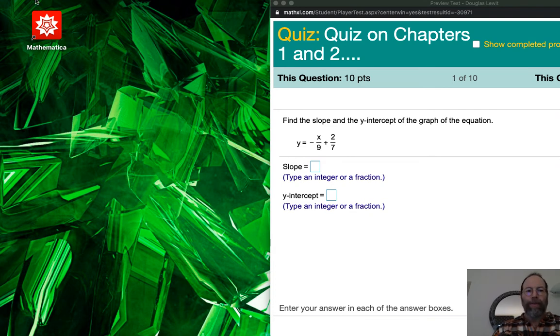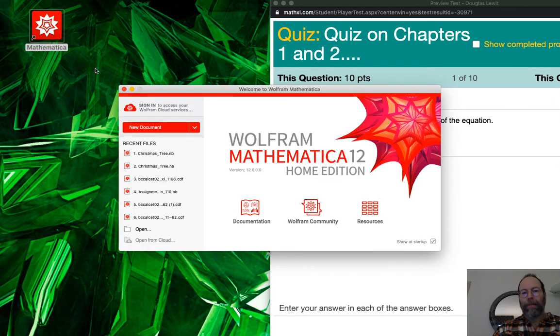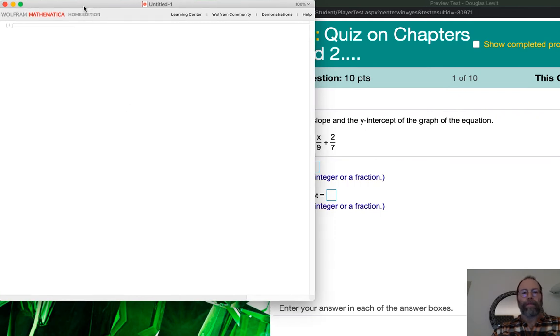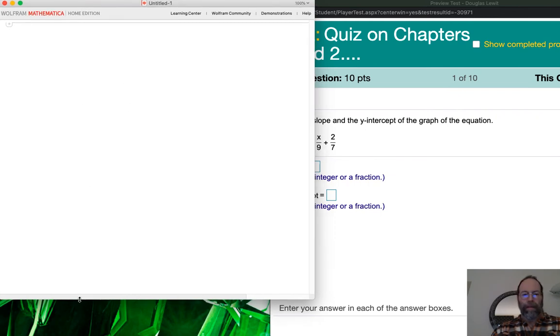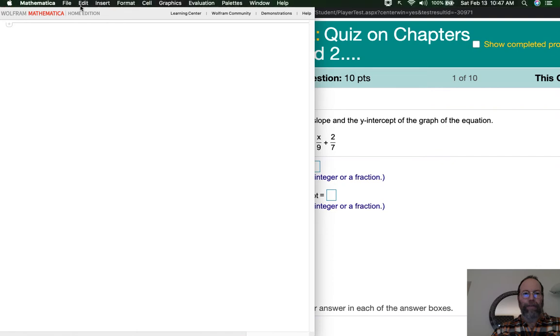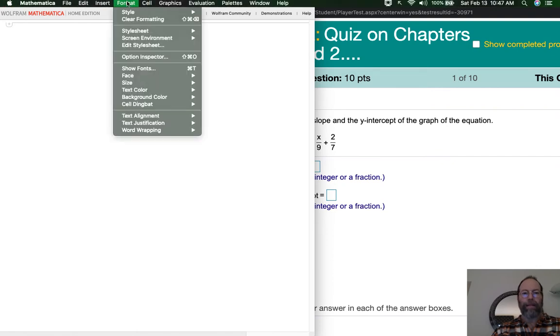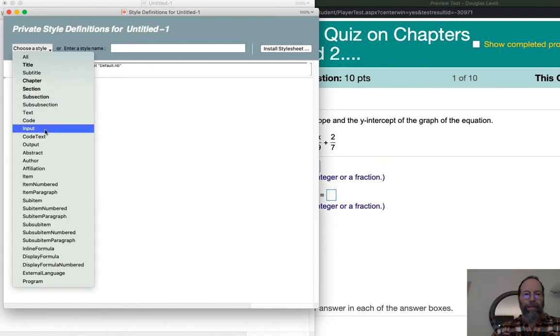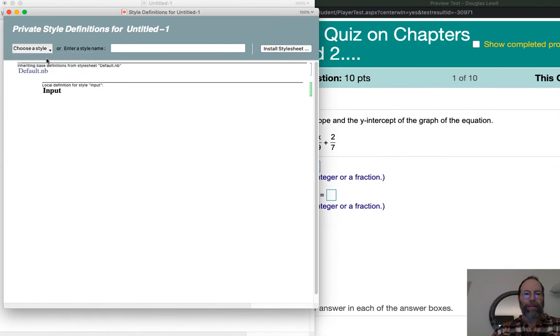Okay, so first of all, let me start Mathematica. We're probably not going to need Mathematica that much for the quiz, but maybe a little bit. I'm going to change some of the settings here: format, edit style sheet, input, output.